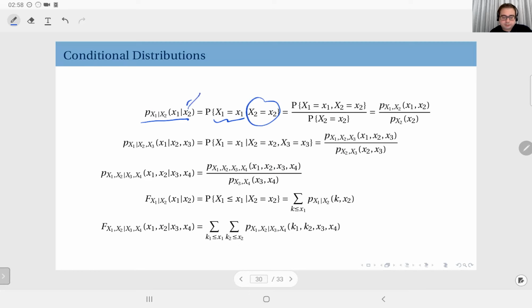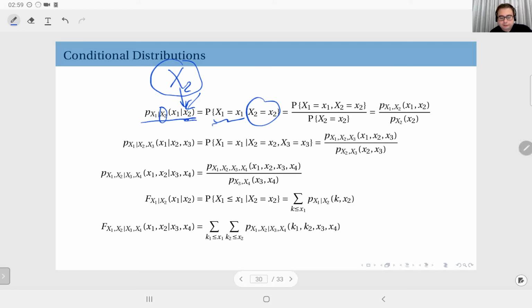Sometimes, instead of the value parameter x2, you might see the random variable here. That means you have the value of x2, but it is represented by a generic placeholder instead of a specific value.